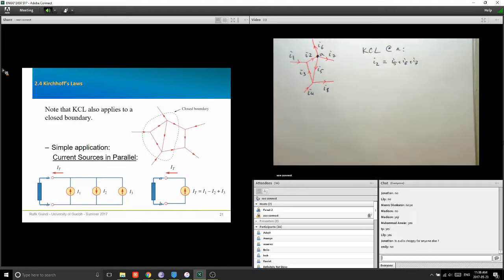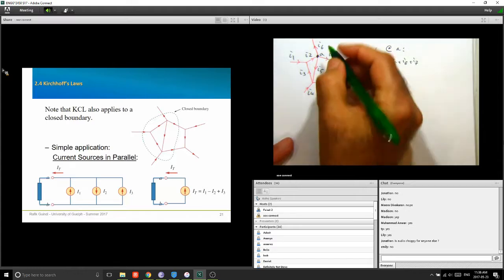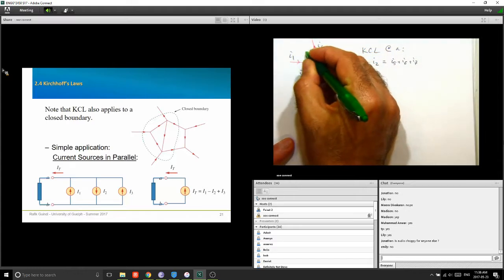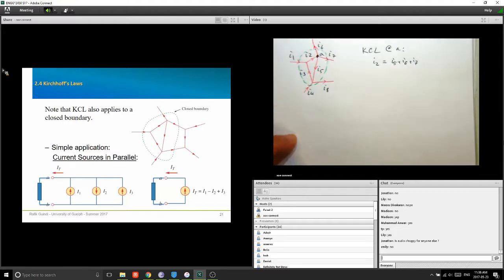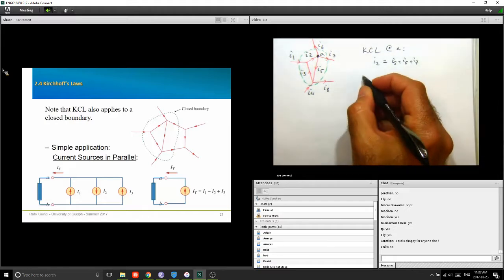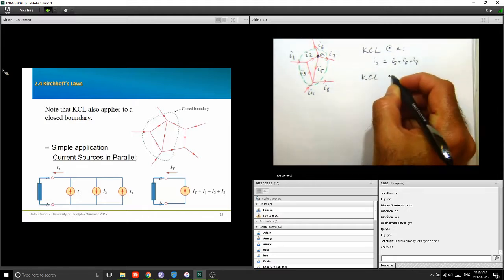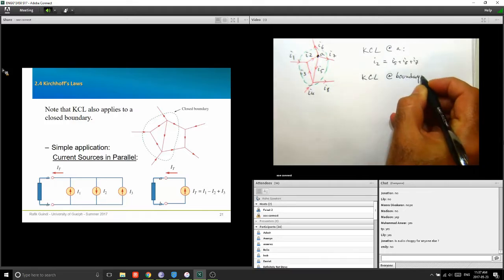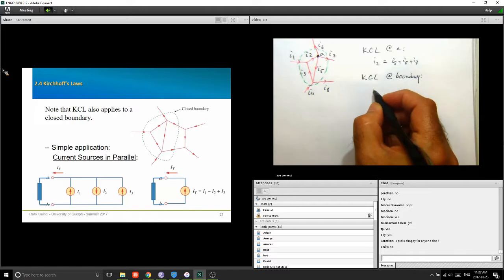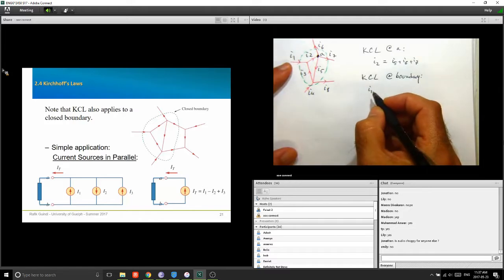But if I want to do KCL around the closed boundary, and you have a boundary like this, I would say the sum of the currents entering the boundary has to be equal to the sum of the currents leaving the boundary. So KCL at boundary, you would have I1 entering plus I4.